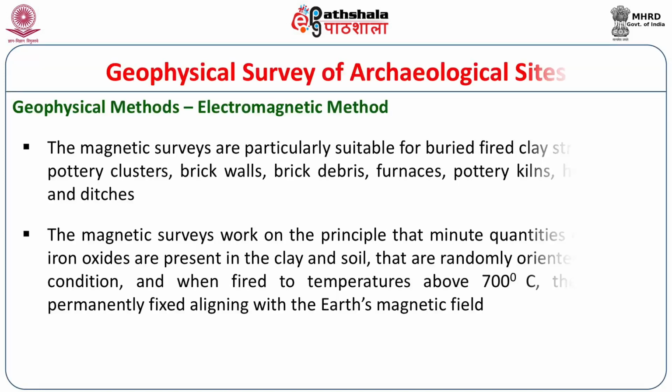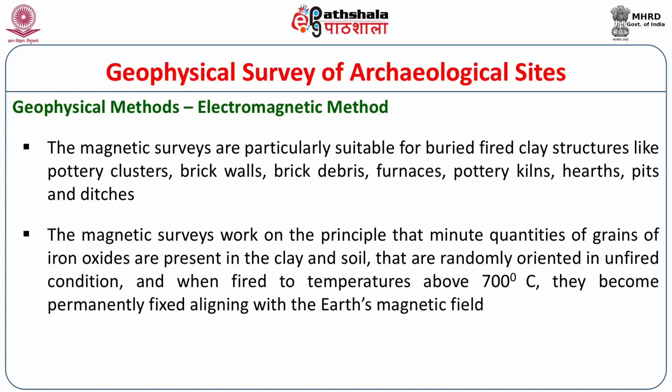They are fired to around 700 degrees centigrade, so they are suitable for detection under these magnetic surveys. The magnetic surveys work on the principle that minute quantities of grains of iron oxide are present in the clay. The clay, in the natural way, contains iron oxides, and they are randomly oriented in the unfired condition. But if they are heated to around 700 degrees centigrade, they become aligned to the Earth's magnetic field.